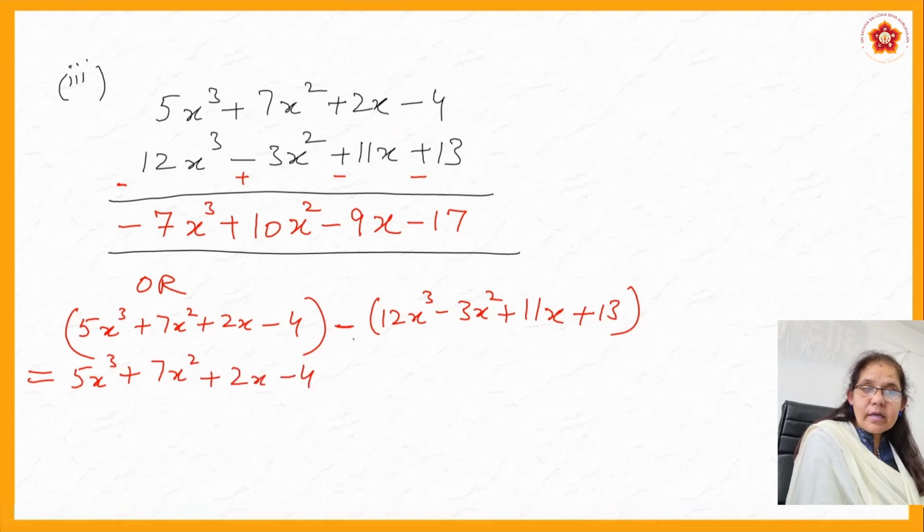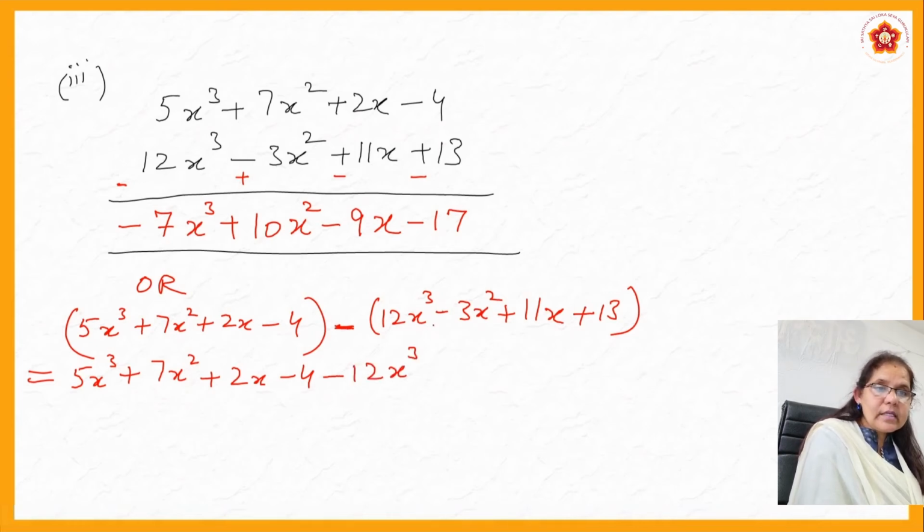Now open the bracket. Minus sign is here. And when no sign is there, in the first term of the polynomial, no sign means plus sign is here. So it will be minus 12x cube. Then minus into minus is plus 3x square. Minus into plus is minus.